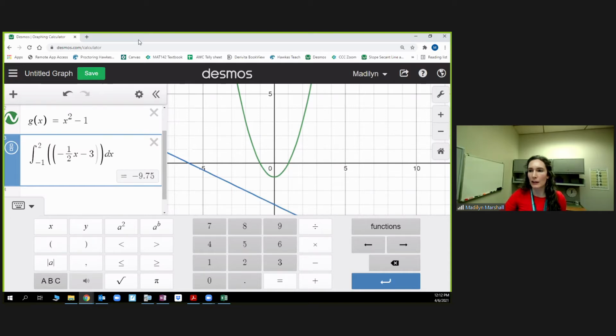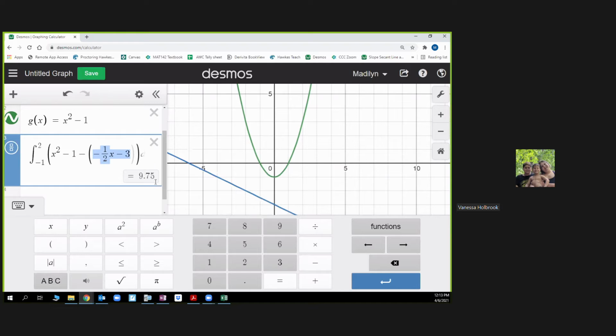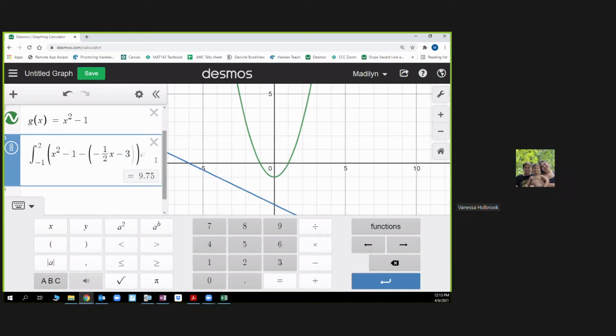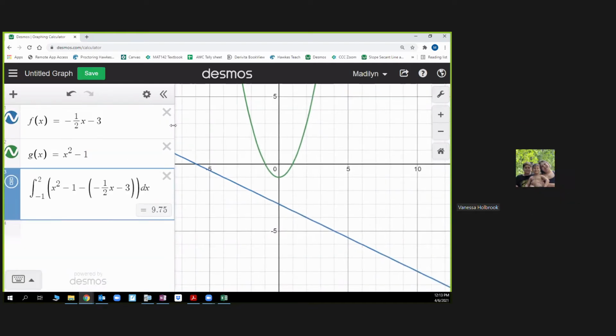B was our g, which is x squared minus 1, minus negative 1/2 x minus 3. And we got 9.75. How come mine gave me a negative 8.25? Oh, I don't know. Maybe. I'll play with it for a second. Yeah, it sounds like it might be a parentheses problem.